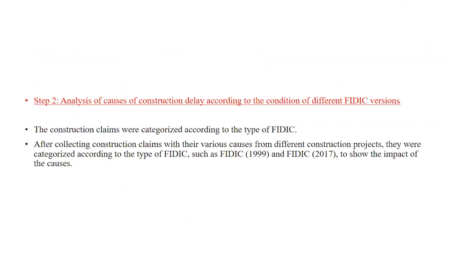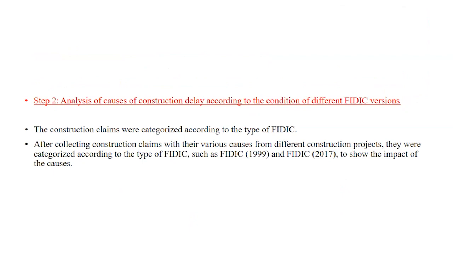Then number 2, analysis of causes of construction delay according to the conditions of different FIDIC versions. The construction claims were categorized according to the type of FIDIC, FIDIC 99 and FIDIC 2017, after collecting them with their various causes for different construction projects.